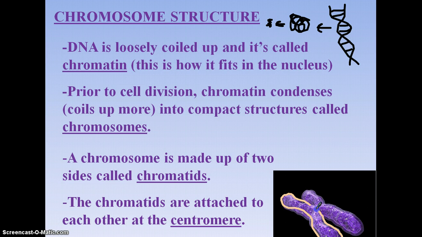So this whole side over here is one really, really long piece of DNA all scrunched up. And this side of the chromosome is the same exact copy of that DNA all scrunched up again. We call those 2 sides of the DNA the chromatids. So one chromosome is made up of 2 chromatids.